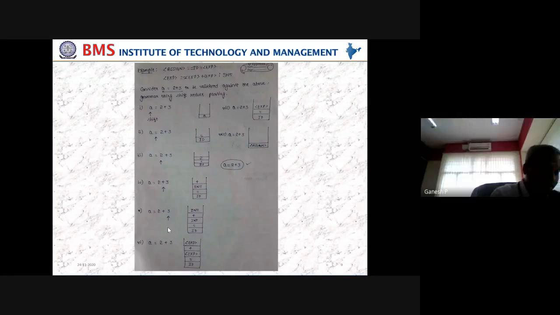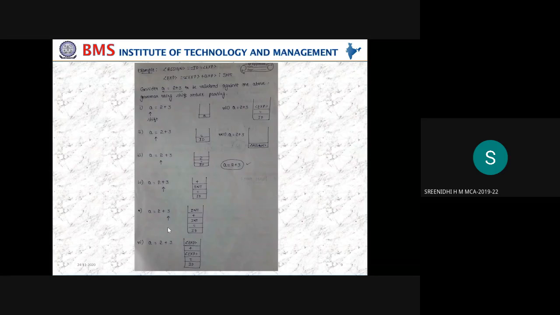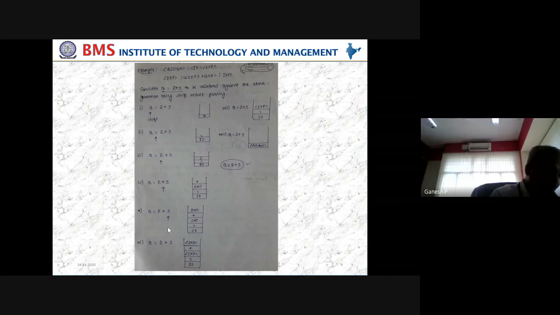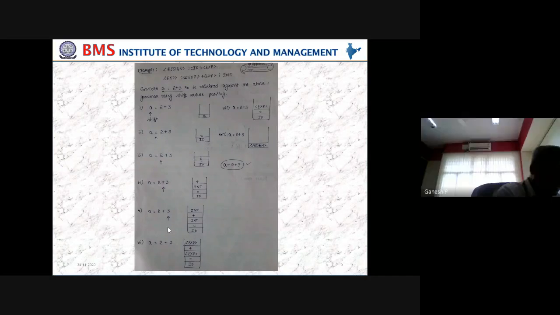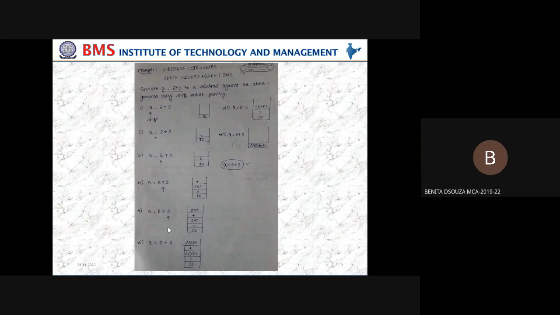Srinidhi? Present, sir. Sunil? Present, sir. Vaishnavi? Present, sir. Sir, Deepika LG present, sir. Sir, Chaitra is present, sir. Okay, okay, Benita present, sir.